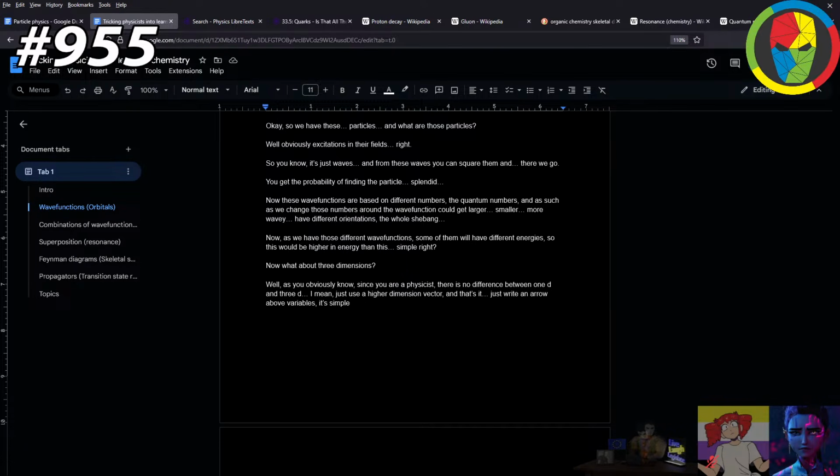Rotation. Oh, I'm so glad that three dimensions are exactly the same as one dimension. What do you mean, rotation? Since when is that a thing? Rotation, huh? I think all vectors are 1D. Complex thing.